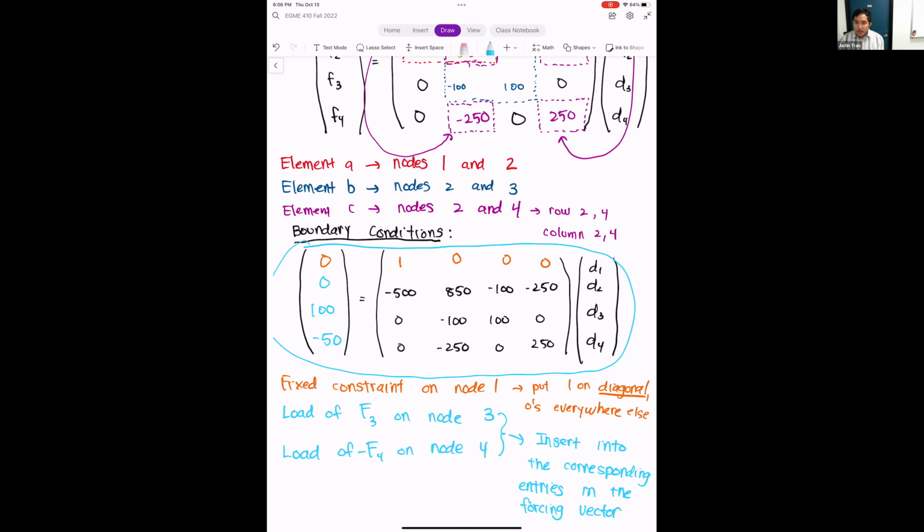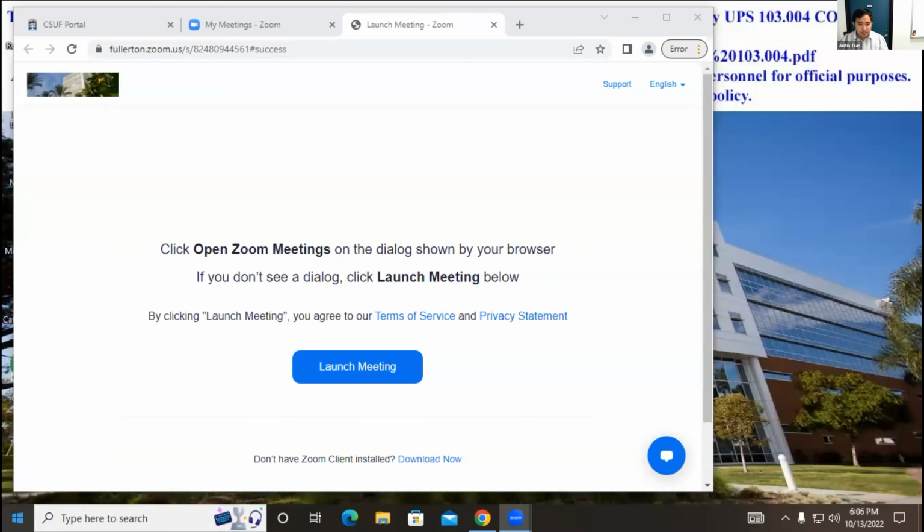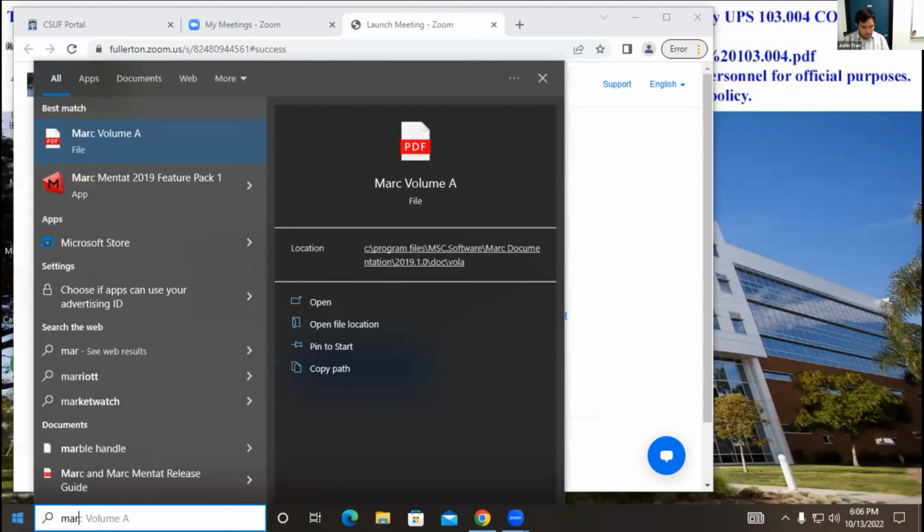I'm going to switch to the computer screen here, but hopefully you have this system written down, because I'm going to show you how to implement this in MATLAB. So I'm going to go ahead and share my screen and start up MATLAB.